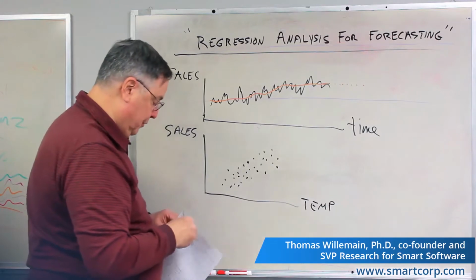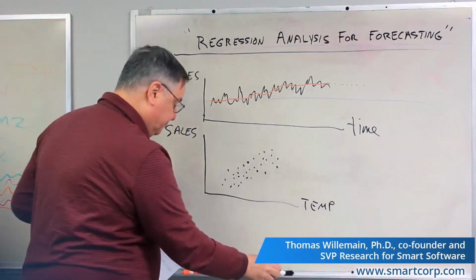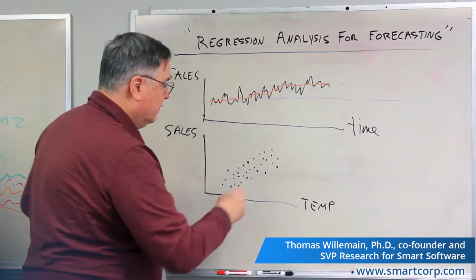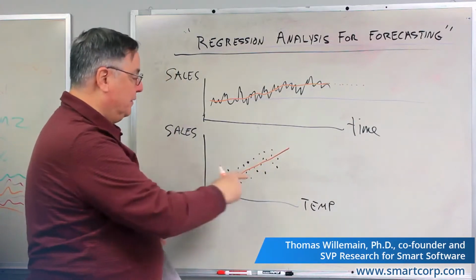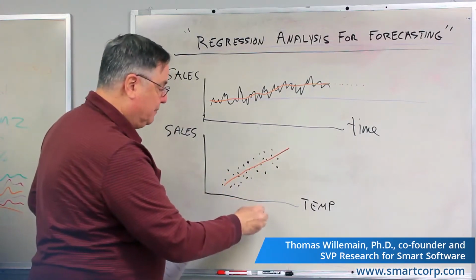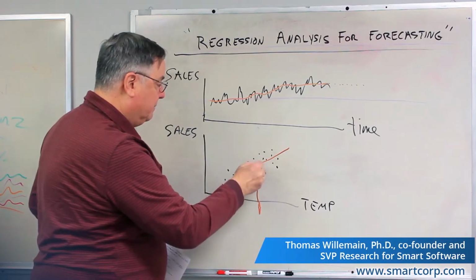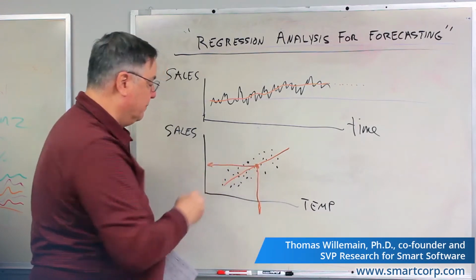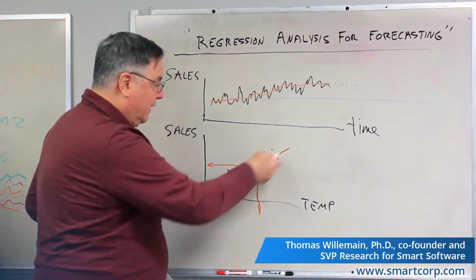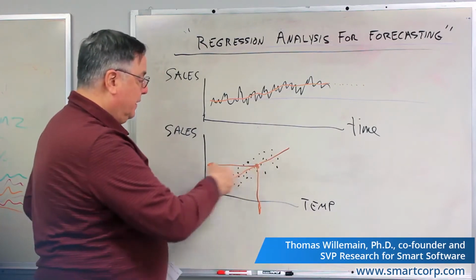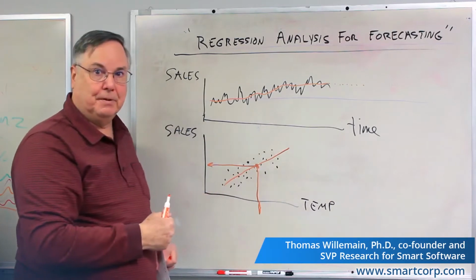And what we'll do with the regression model is say, here is an approximation to that relationship. So if you give me a particular temperature, I come up to this curve and I can read off a particular projected sales value. So we need to find this line, and then we can exploit that relationship.